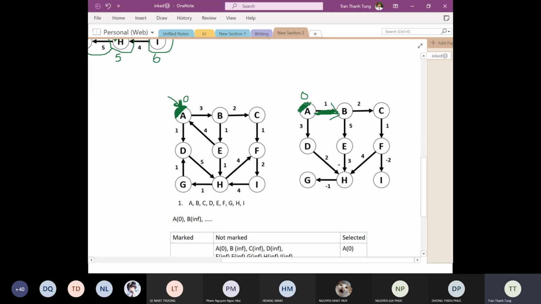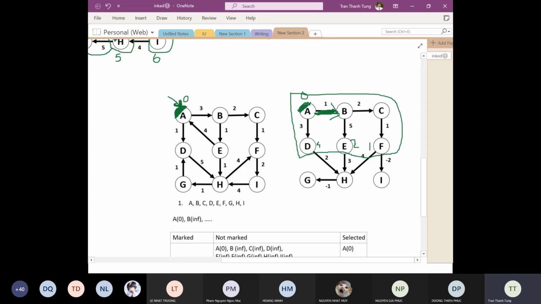Assume that somewhere in the graph, in the exploration, we have this one. Now from H, we have three edges coming into H. Let's say we have 4 here, 0 or 2 here, and 1 here.